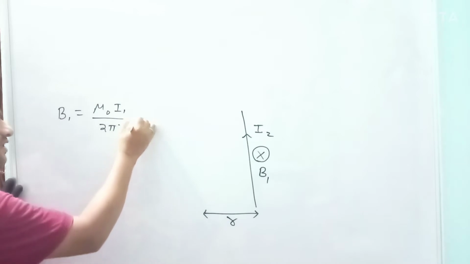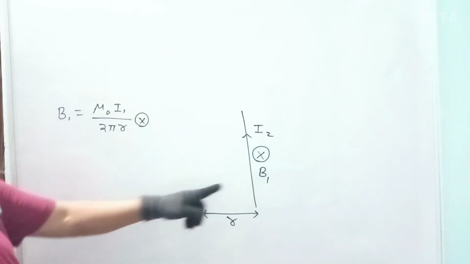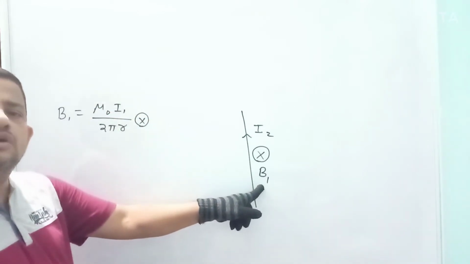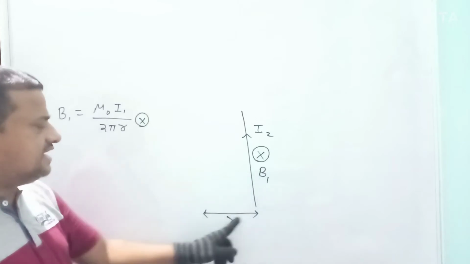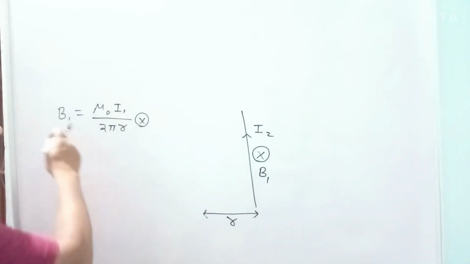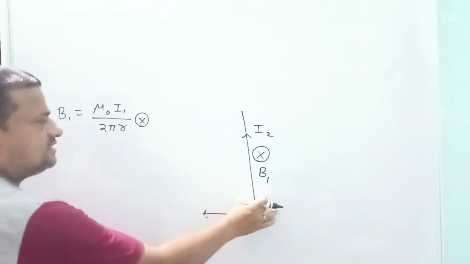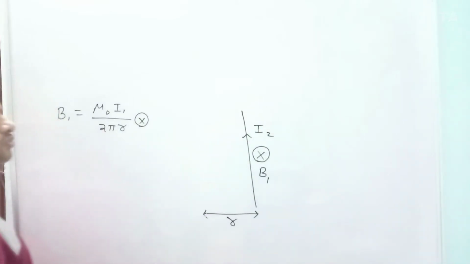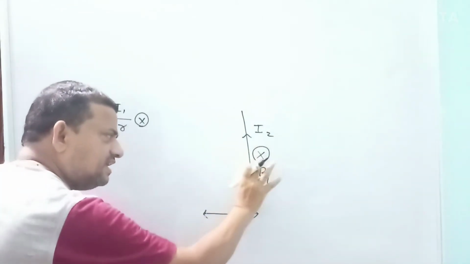This is in the inward direction because this B1 is for the current carrying conductor I1 at a distance r. Now in this magnetic field B1, this conductor is placed. So how much force is experienced?